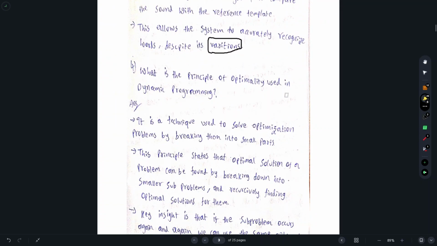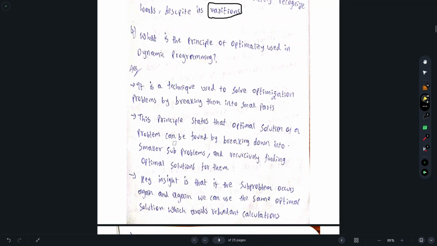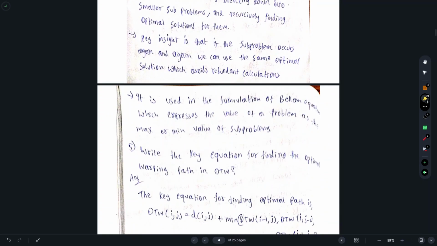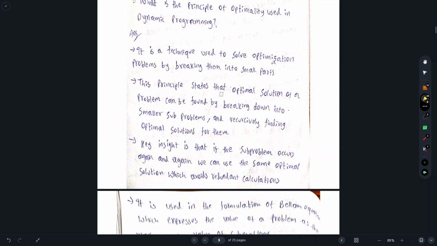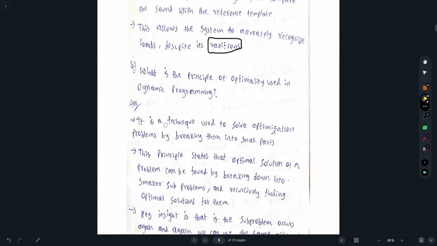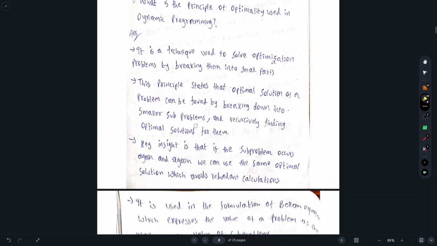And what is the principle of optimality used in dynamic programming? The principle of optimality is about producing an optimal solution. The principle states that the optimal solution of a problem is found by breaking the problem up into sub-pieces and recursively finding optimal solutions for them.